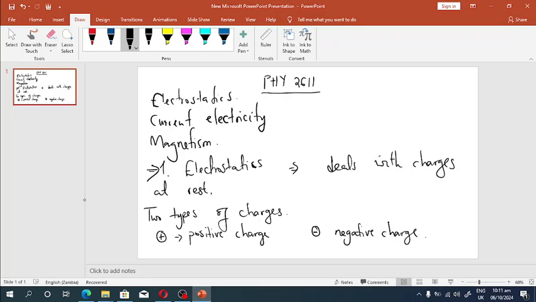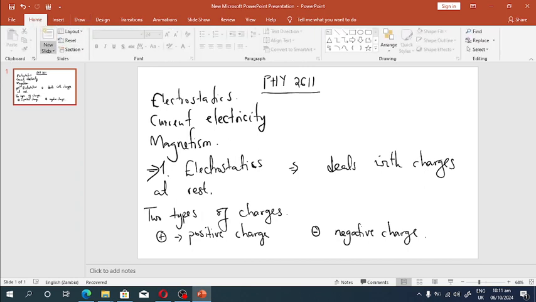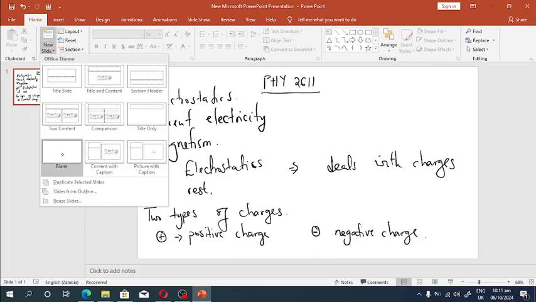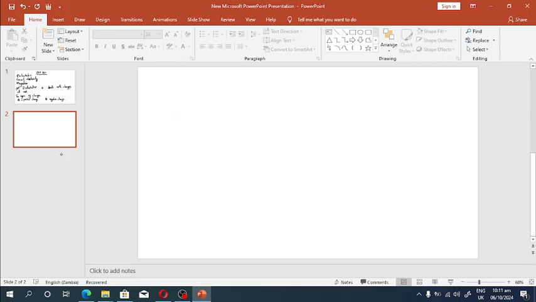From there, we need to note that we have laws of electrostatics. We'll just get a new slide. Laws of electrostatics.